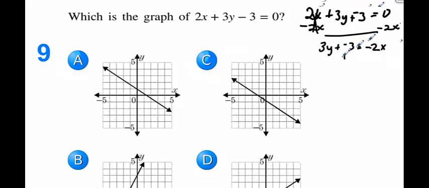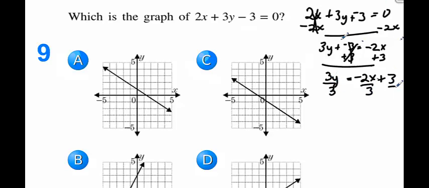Now I have to move this over here. Got to get the y by itself. So I have to move the number term too. So I'm left with 3y equals negative 2x plus 3. Okay, now I have to get the y by itself, so I have to divide by 3. So that's everything divided by 3. So y equals negative 2/3 x plus 3 over 3, which is 1.